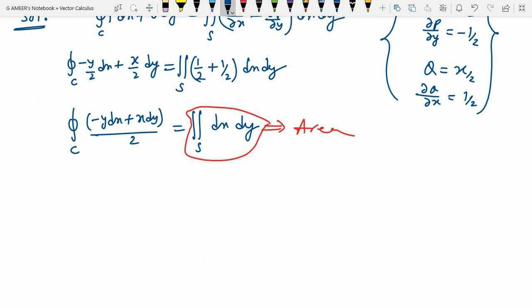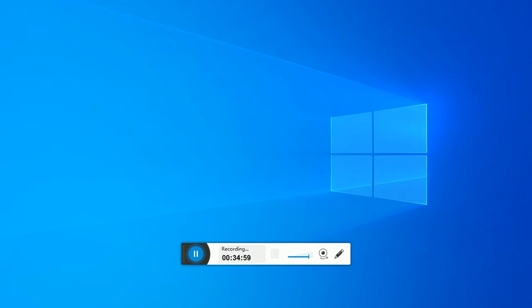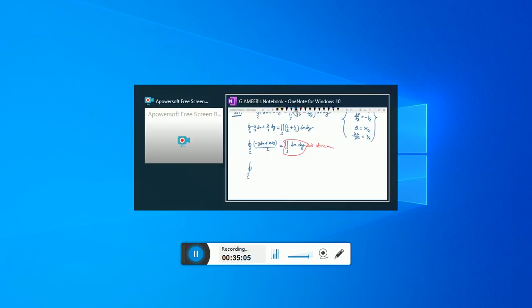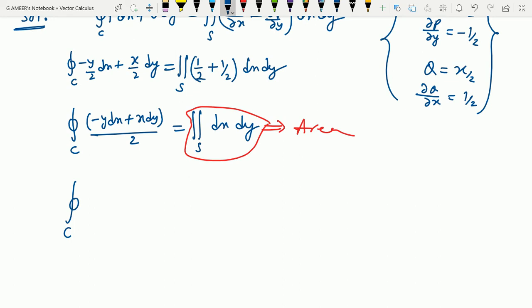So substitute x value, y value. What is the x value and y value? Y is given as b sin theta. So substitute the x value and y value, then we will get the answers clearly.